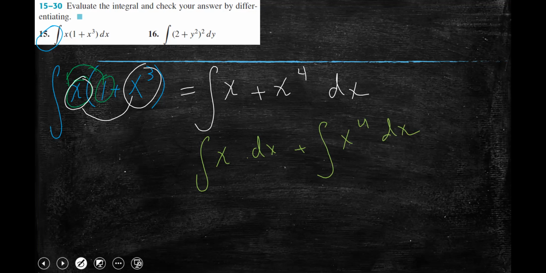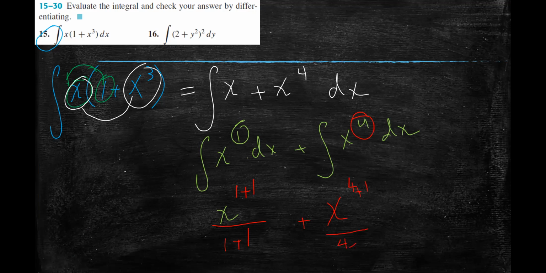Look at the exponents here. It is 1, so I add 1 to the exponent over the new exponent, plus the second one, x to the power 4, add 1 over 4 plus 1. Plus c. So the final answer will be half x squared plus 1 over 5 x to the power 5 plus c.